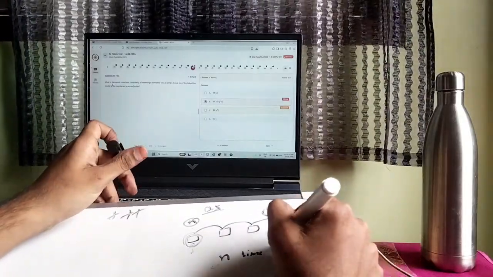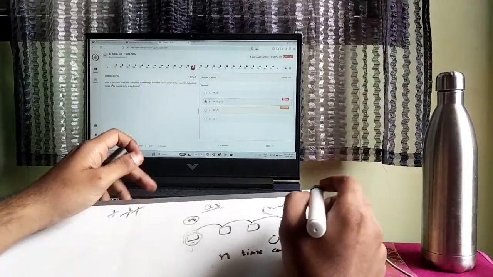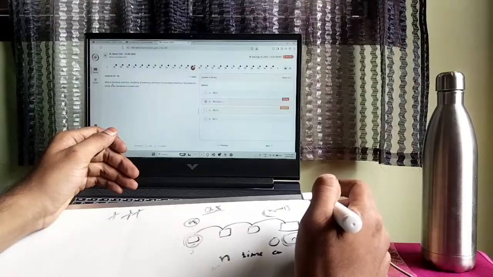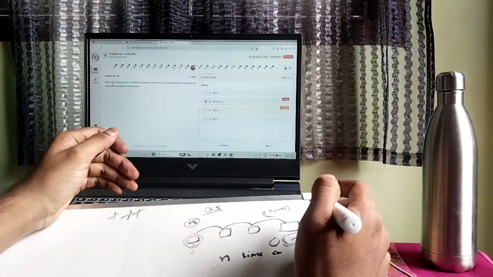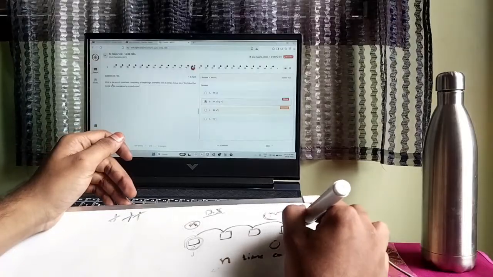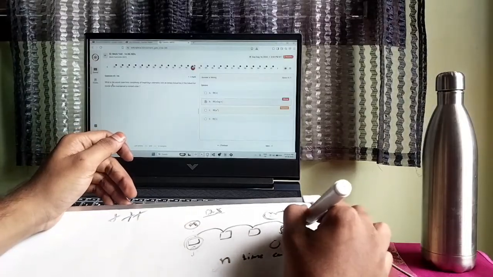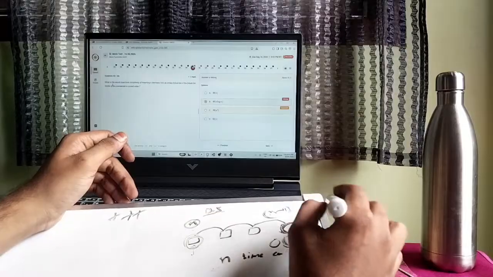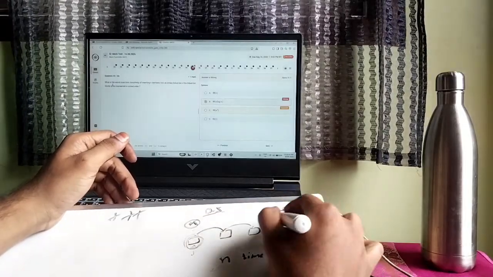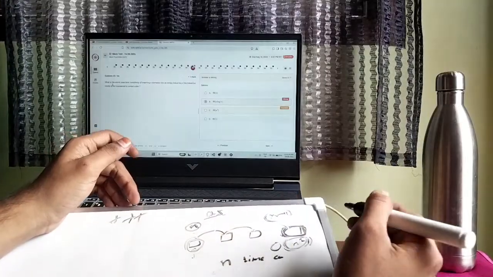So this is what I wanted. If suppose we are going to sort in ascending order, and the last element is the minimum element, we need to bring this element to the first, so it will also take n-1 comparisons.